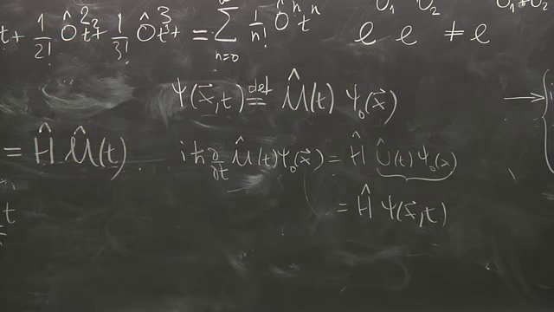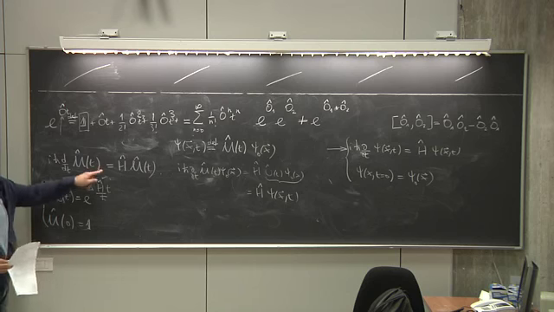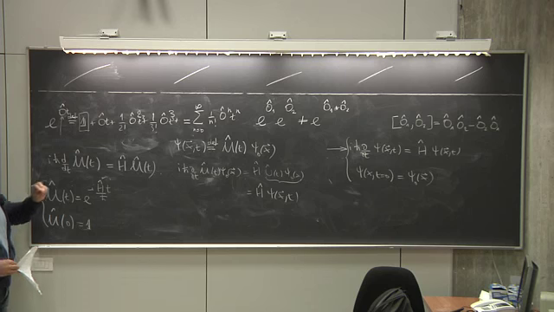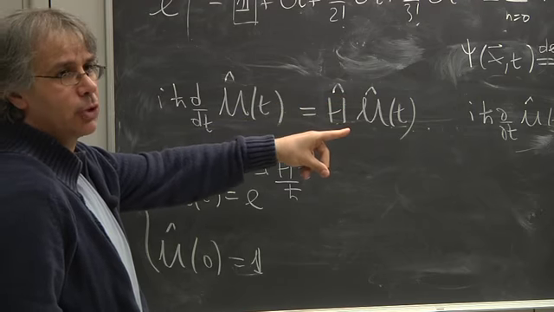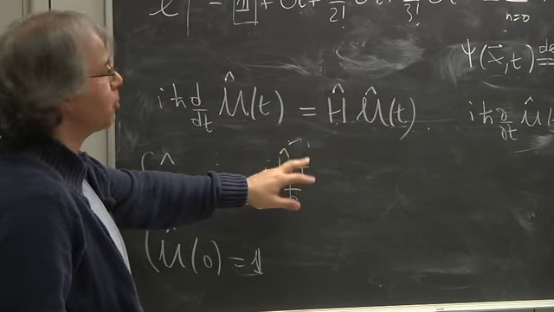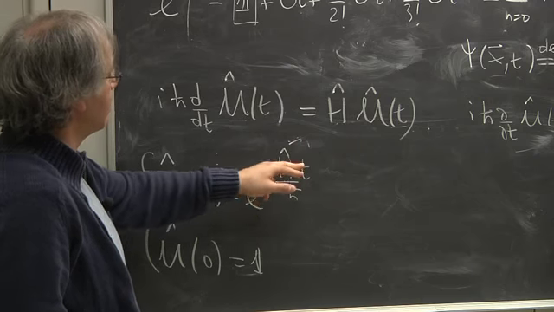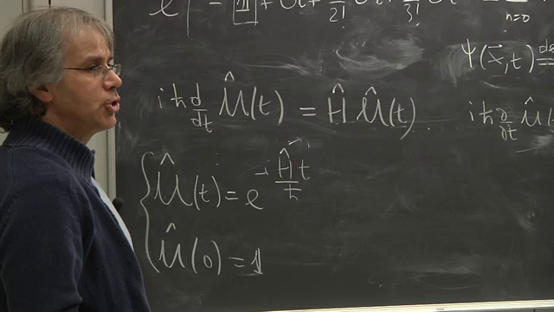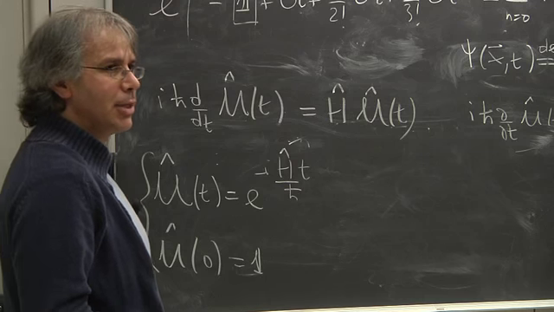All right? So this is a magical object. It provides, in principle, the formal solution of your time-dependent Schrodinger equation. You just have to take the exponential of the Hamiltonian, multiply by t, by minus i, and divide by h bar. Now, "just take" is an understatement.